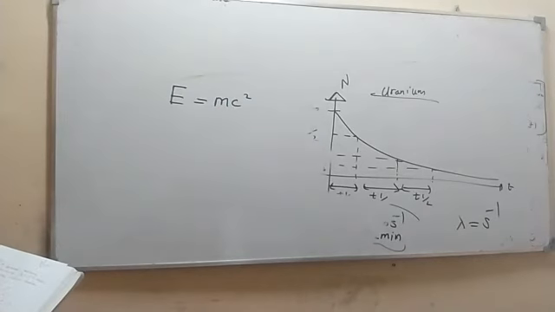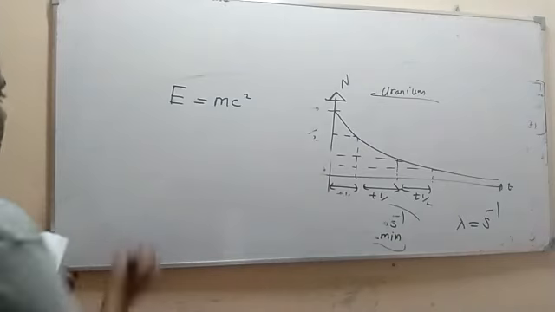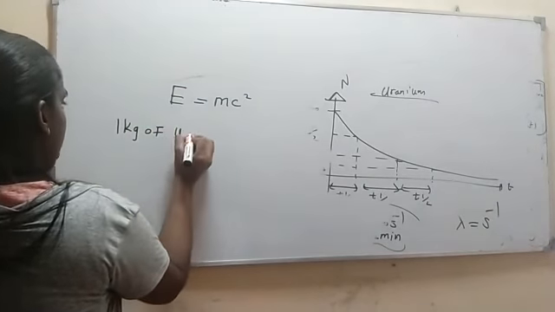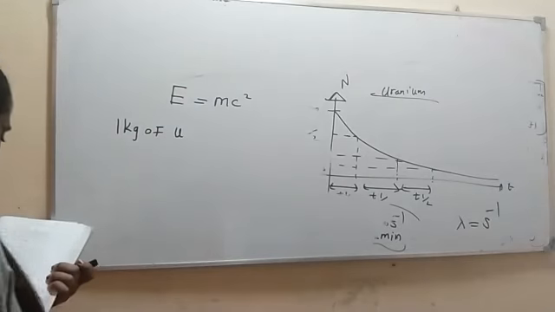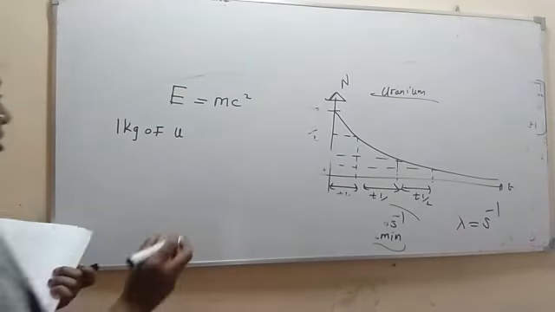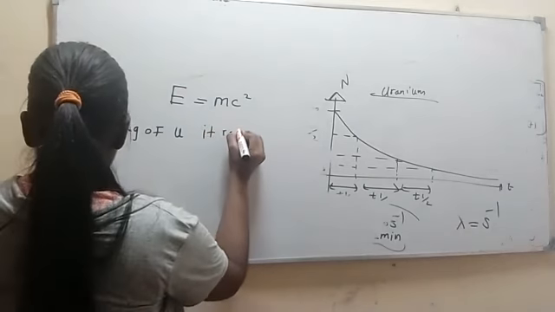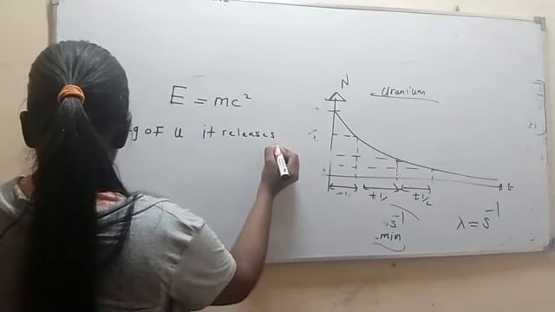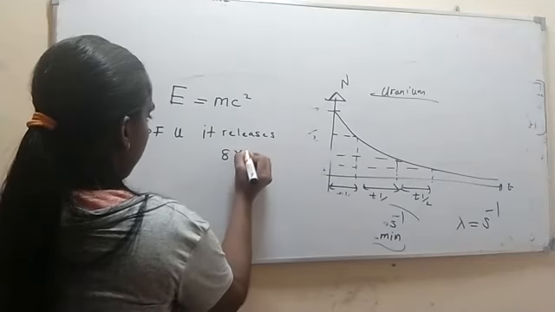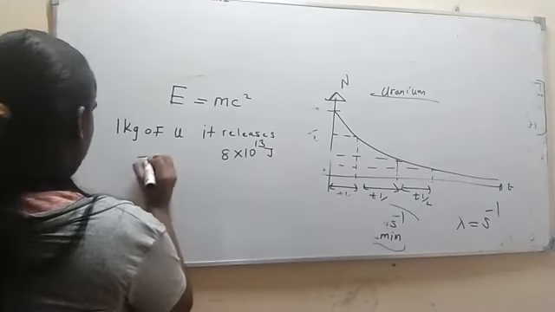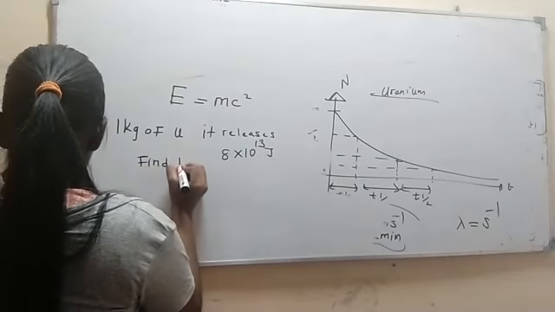The question is: 1 kilogram of uranium atom, when it is undergoing a radioactive decay, releases 8 into 10 to the power 13 joules. Find the mass loss.